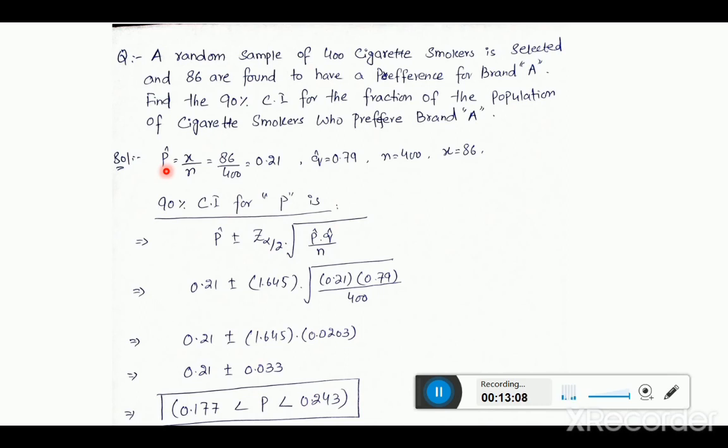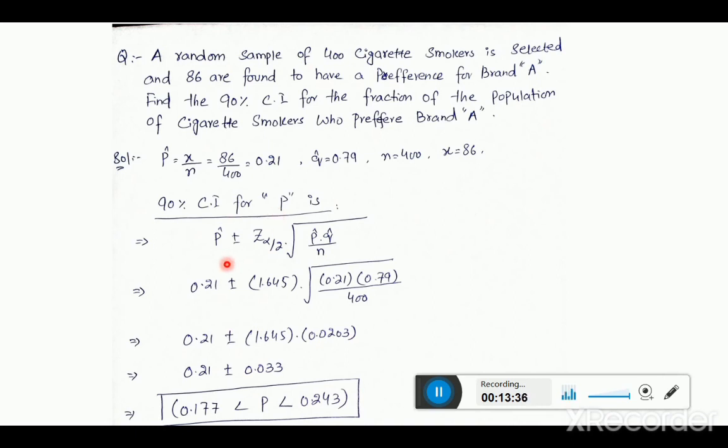In our sample 21% like brand A, that is the proportion of people who like brand A cigarettes. The remaining 0.79 of the 400 sample do not like brand A.